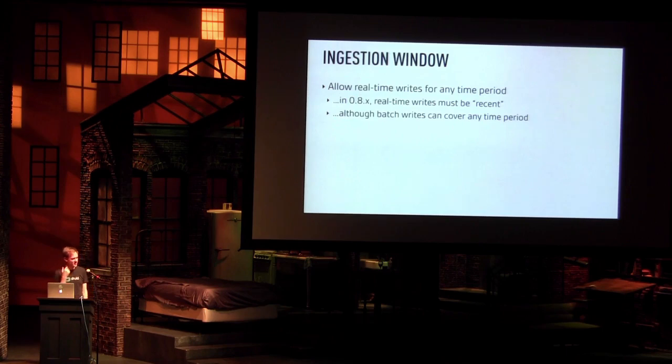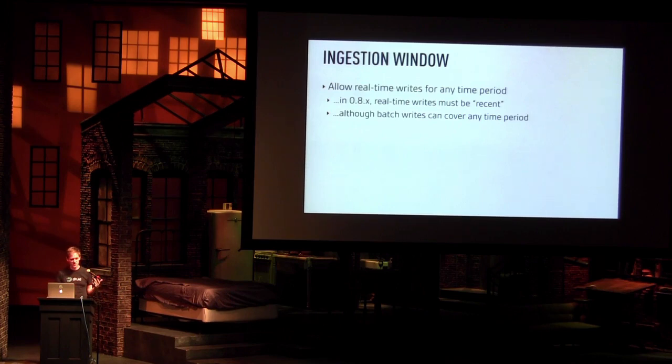This other thing that I think we should hopefully fix soon is that Druid has a concept called the ingestion window period, which is basically how old data can be before it's allowed to be ingested. If you think back to the real-time nodes and historical nodes, the real-times are handling all the writes. They have the ingestion window concept where if a write is too old, they won't have any segment to put it in, and they'll drop it.